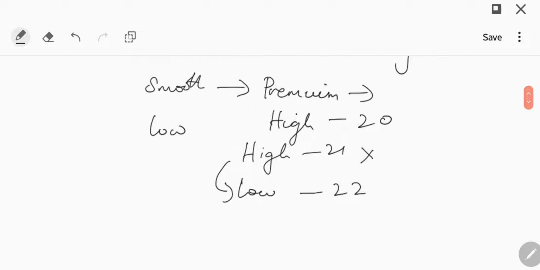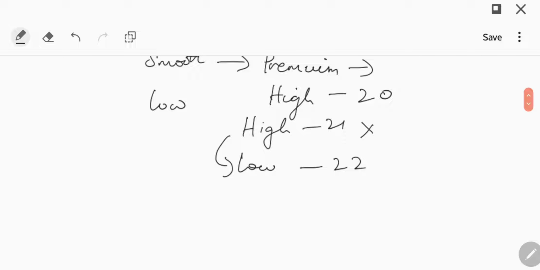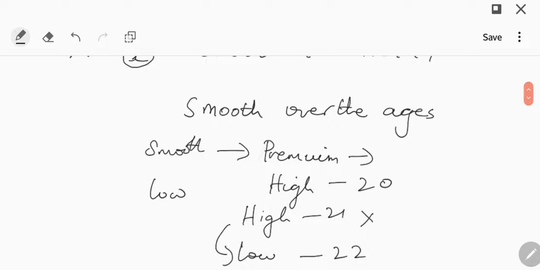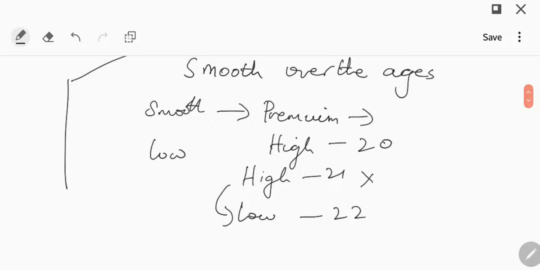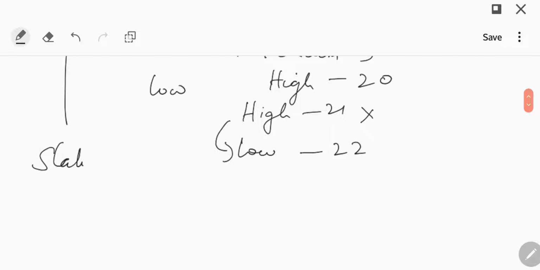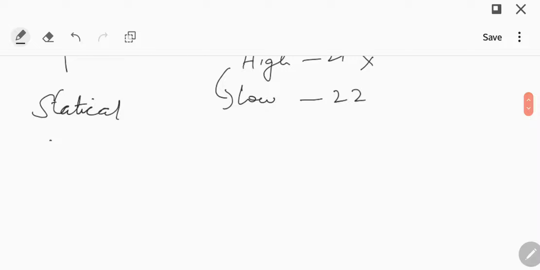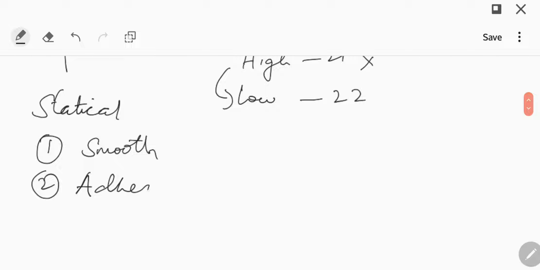So graduation, the key intention is you take the initial crude mortality rates and apply some statistical technique, so that there are two cases. We have rates which are smooth and at the same time adhere closely to the crude data.